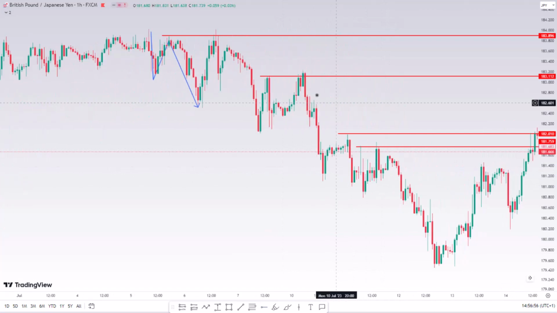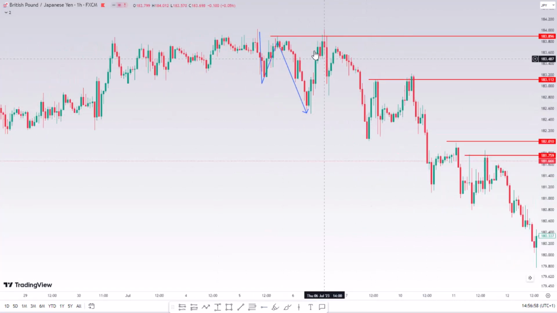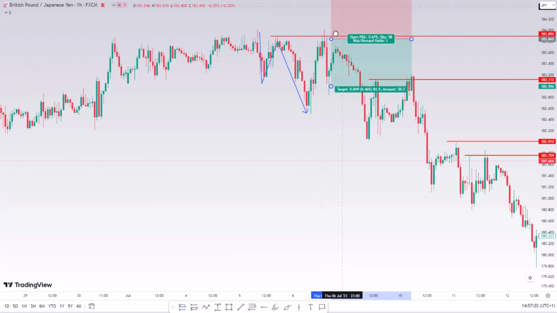So take a look at this level. The moment price gravitates towards this level, since we are now looking for a sell opportunity, has price given you a bearish candlestick? Has price given you a weak rejection? If yes, then you can take that trade to the downside, as you can see.